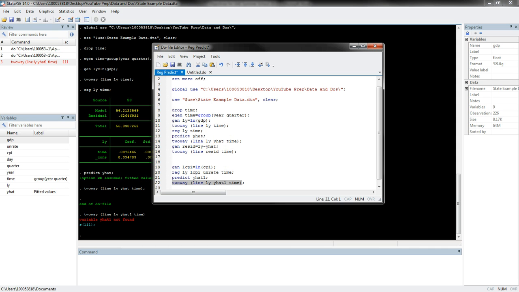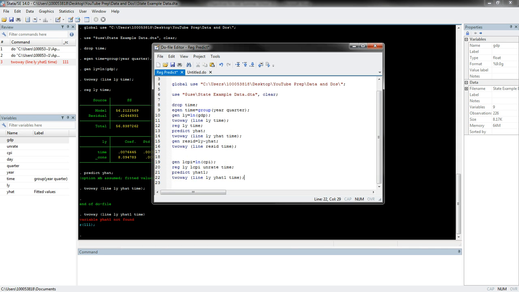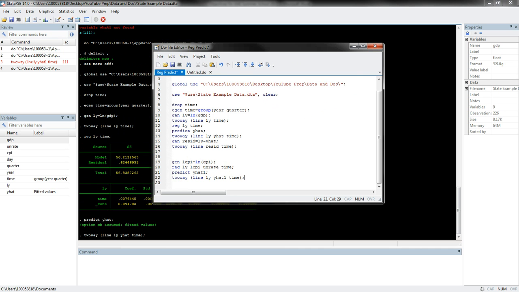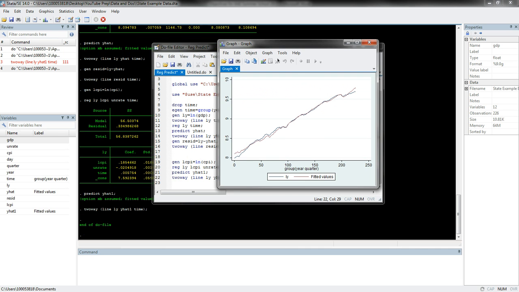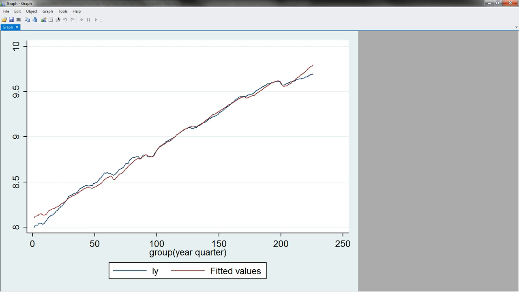So with our multivariable regression, not only are we explaining the general trend upwards, but we're also explaining some of the cyclical nature, as that red line is moving up and down, and it tends to predict fairly well.